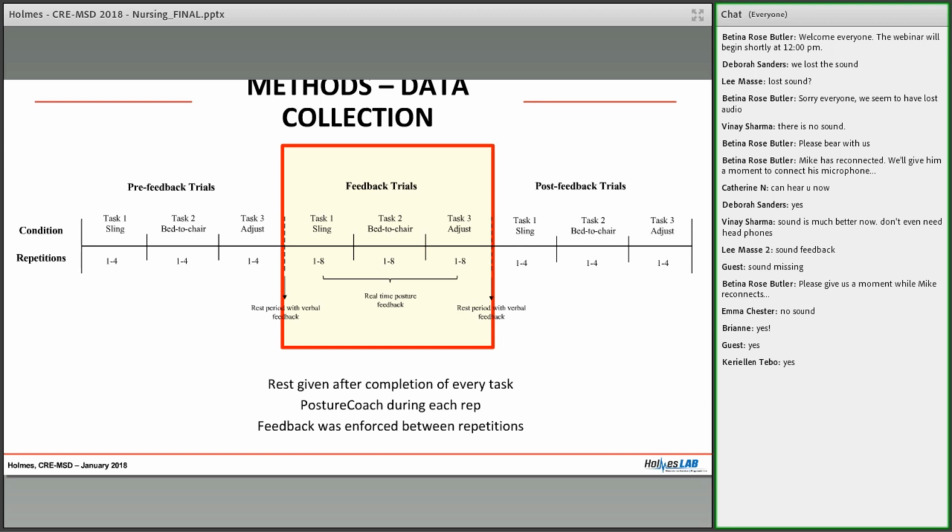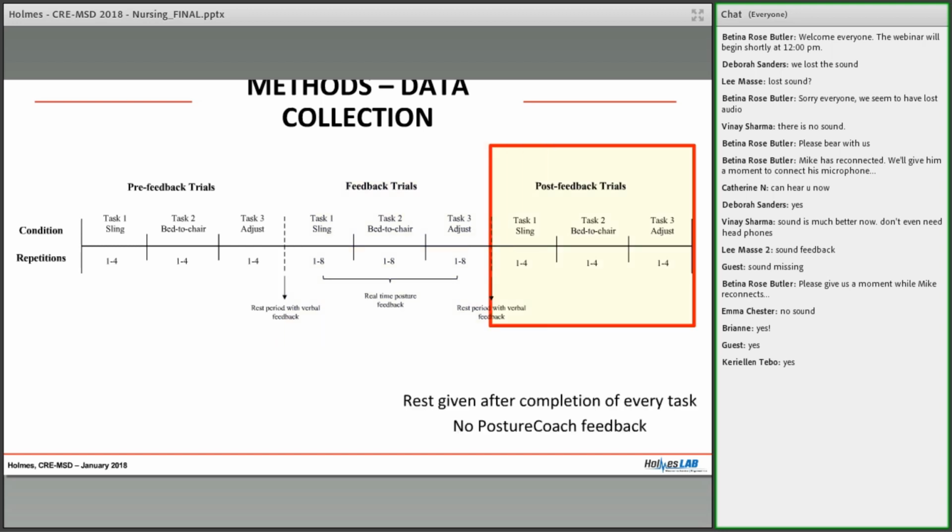So there was a verbal component as well as the feedback from the PostureCoach. And then we had a post-feedback session where we essentially did the same approach that we did in our pre-feedback trials. So the PostureCoach system would have been turned off for these 4 repetitions of each task.